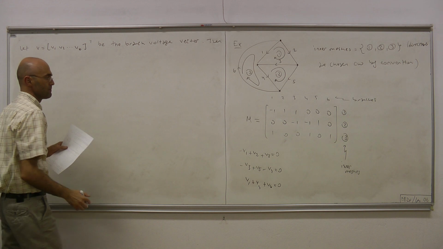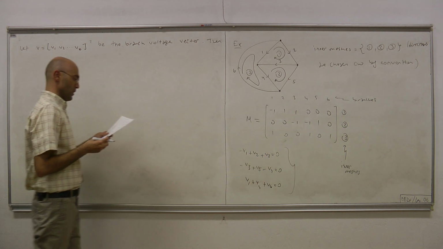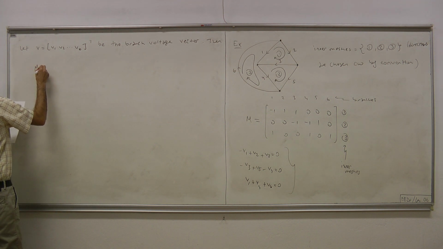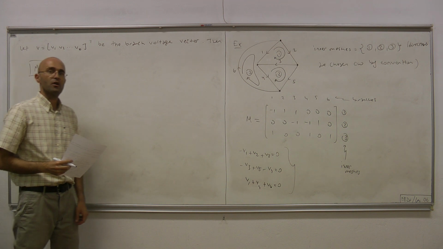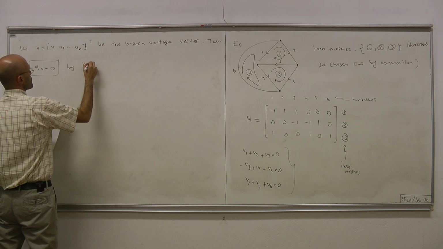Then, as is clear from this set of equations, N times V equals 0 by KVL, by Kirchhoff's voltage law.